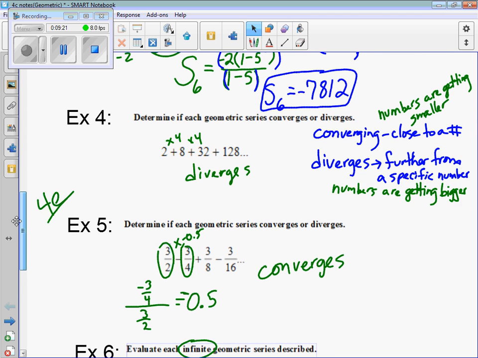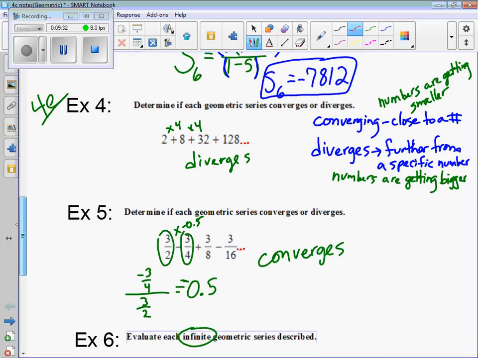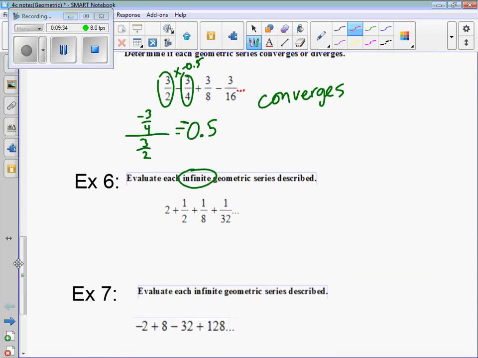So that has to do with infinite. When it says that on 4 and on 5, that means it goes on forever and ever and ever. Here it says infinite, and this is to evaluate.